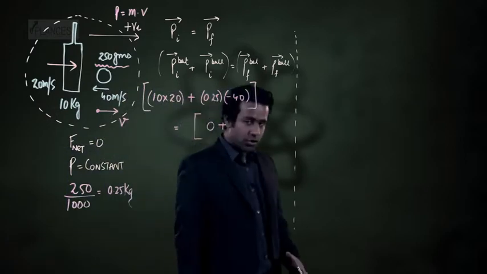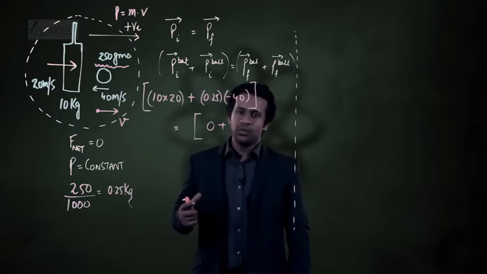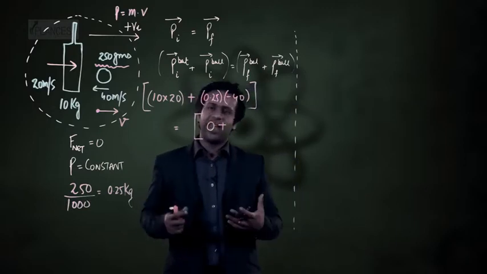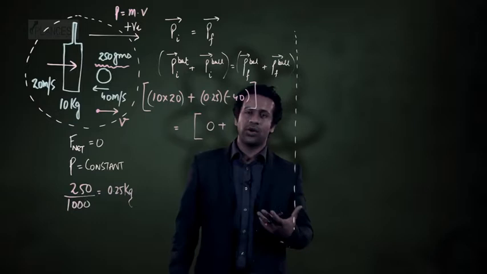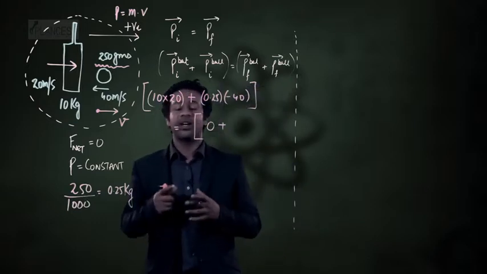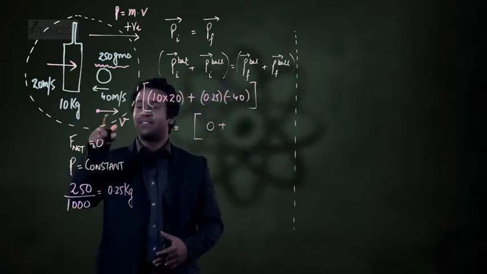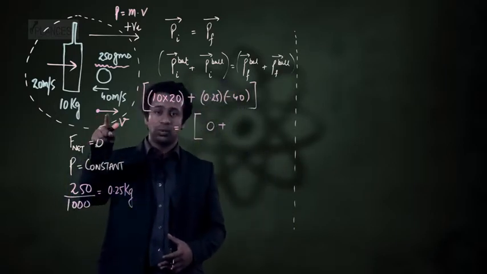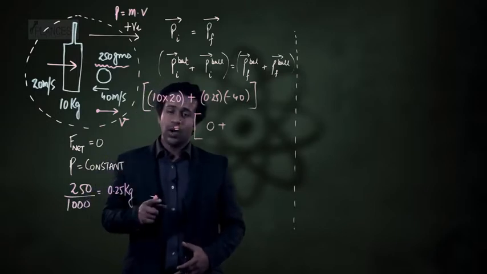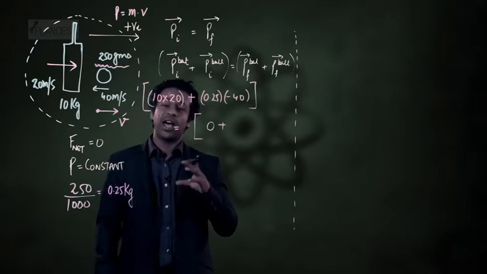Right. So now note here that no matter what direction you assume, the answer would reflect if your assumed direction was right or not. You only have to substitute value according to the direction you have assumed. For instance, I have assumed that the final velocity points towards the right, and hence when I substitute this value, I will substitute this as plus v.